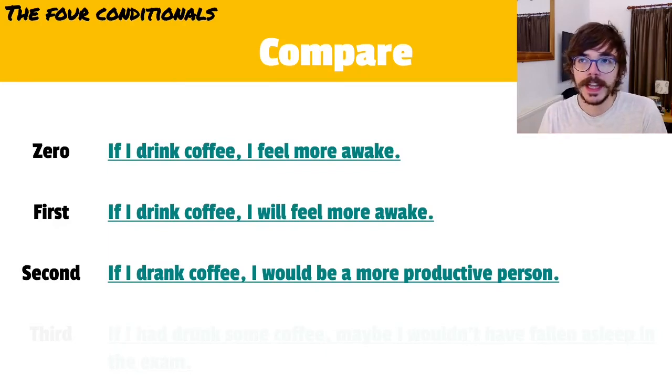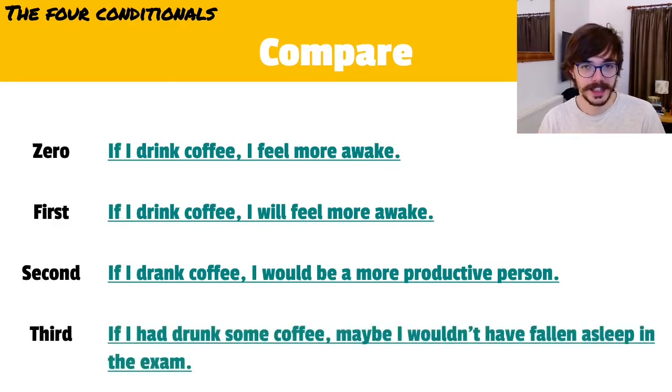So maybe I'm allergic to coffee, or maybe I just think coffee is disgusting. So I'm not going to drink coffee. But if I did drink coffee, if I drank coffee, I would be a more productive person because I would feel really awake all the time. So that's the second conditional, unlikely situation.